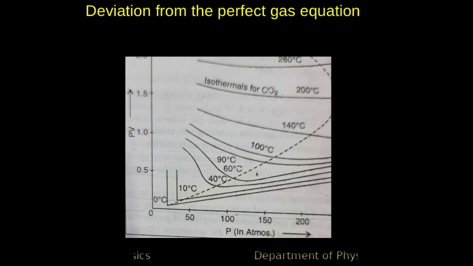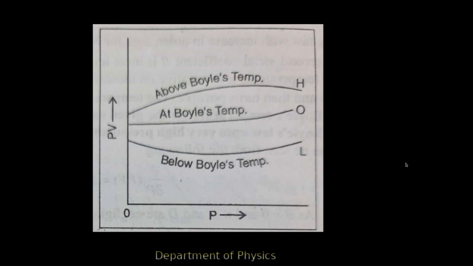Such experiments were also performed by Andrews, Holborn, Owens, etc. to study the behavior of real gases at various temperatures and pressures. Andrews' experiment provided a detailed and better understanding of the behavior of gases. On the basis of these studies, van der Waals made the corrected gas equation known as the van der Waals equation.